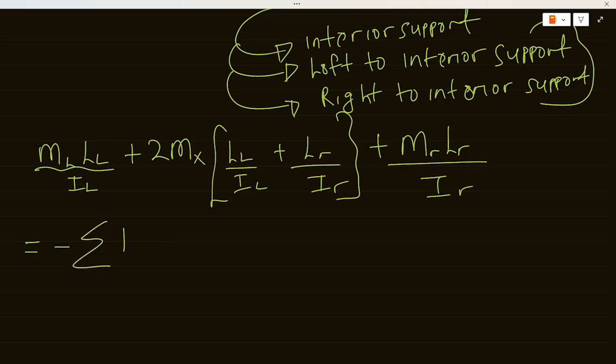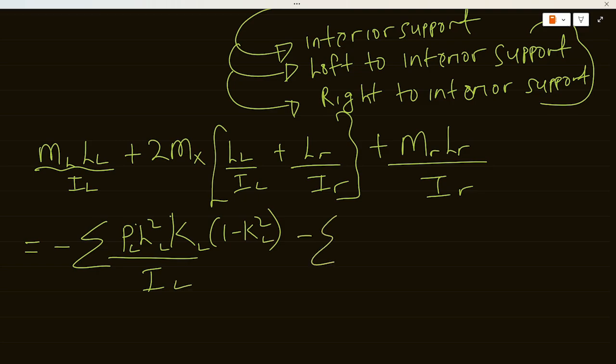Minus sum of P L_L squared k over I_L, 1 minus k squared. Now, but all of this for the left, minus sum P L_R squared k over I_R, 1 minus k squared, right?